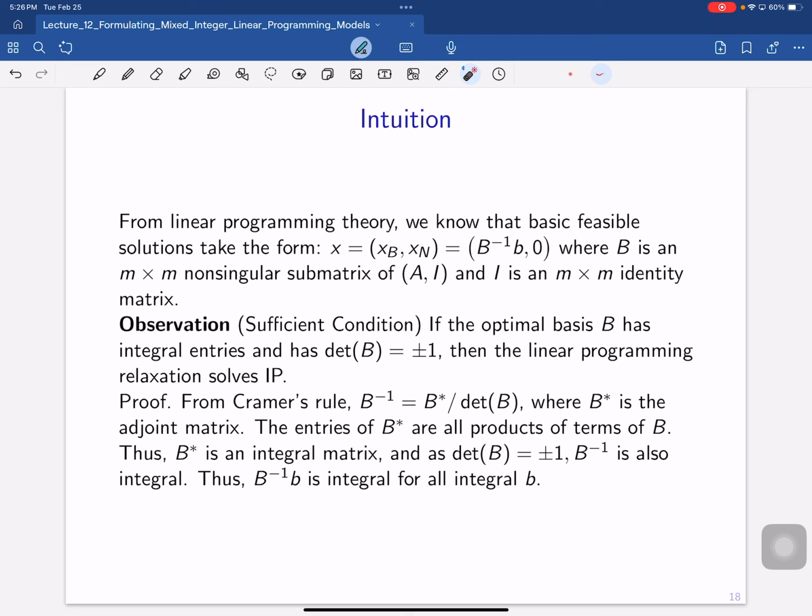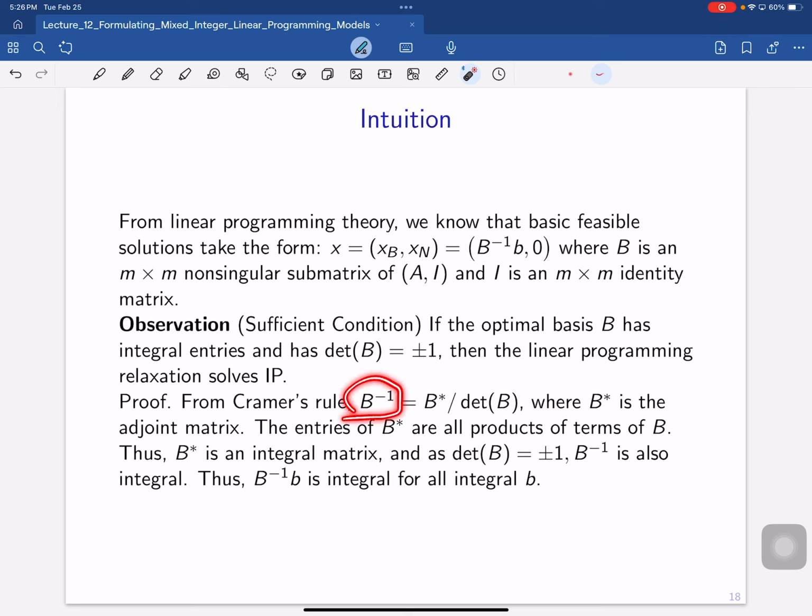Right? So here's an observation. If the optimal basis has integral entries, and the determinant of the basis matrix B is +1 or -1, then the linear programming relaxation solves the IP. Why is that? Okay, first of all, let's think about how to represent B inverse.